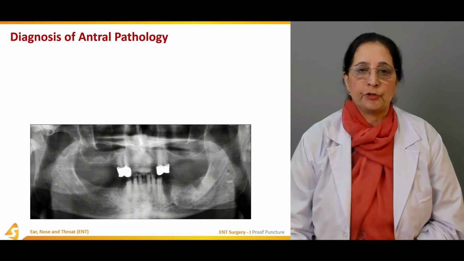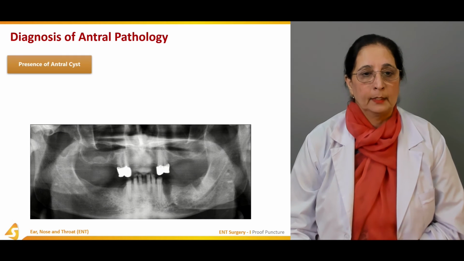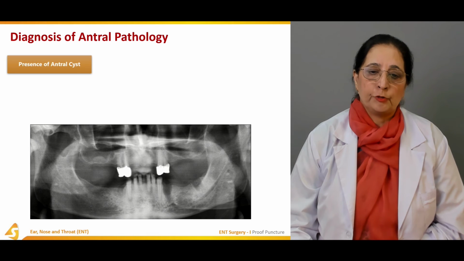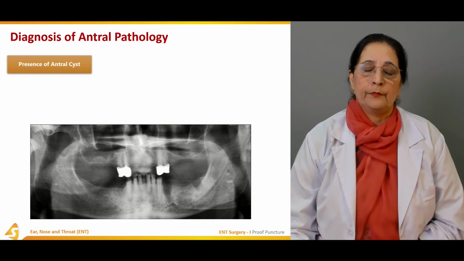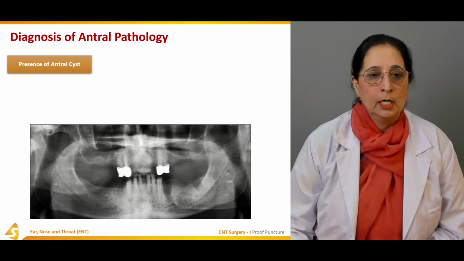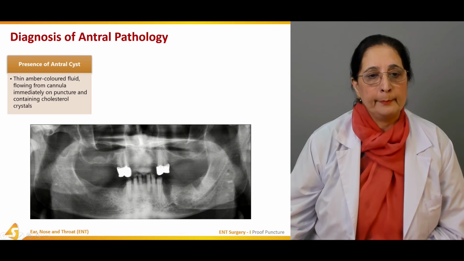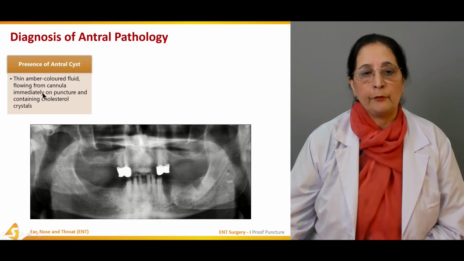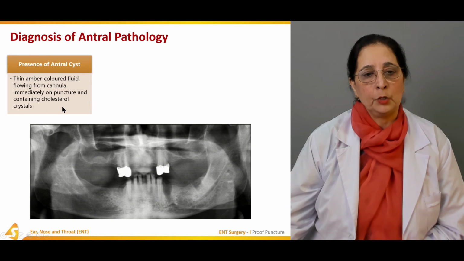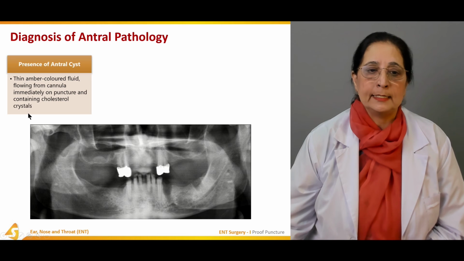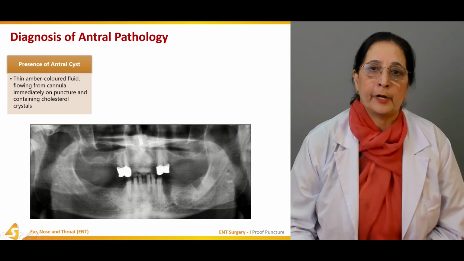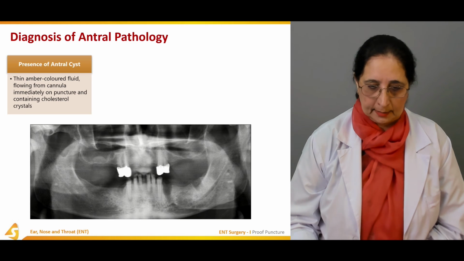Diagnosis of antral pathology. In the presence of an antral cyst, we can also perform the lavage. A thin amber colored fluid flowing from the cannula immediately on puncture and containing cholesterol crystals is the indication of the presence of antral cysts.